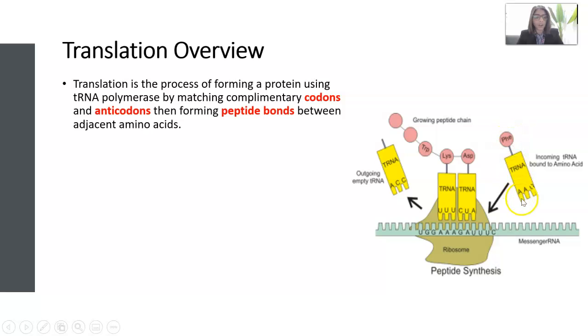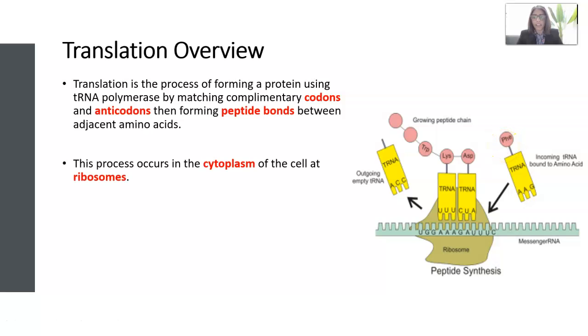And we see that the complementary mRNA sequence is UUC. So what will happen is this tRNA molecule will bind at the complementary base sites to the mRNA molecule, and it brings with it an amino acid.